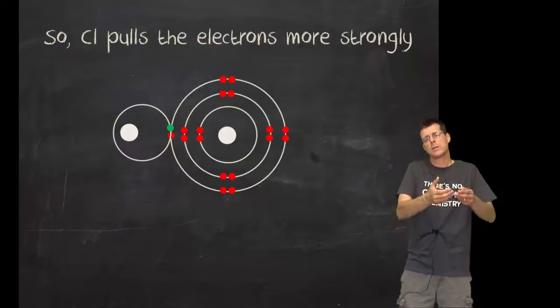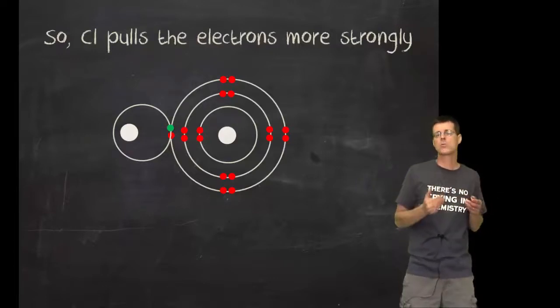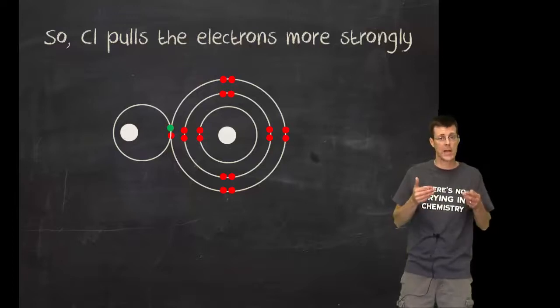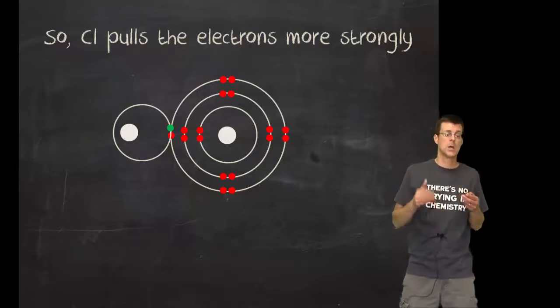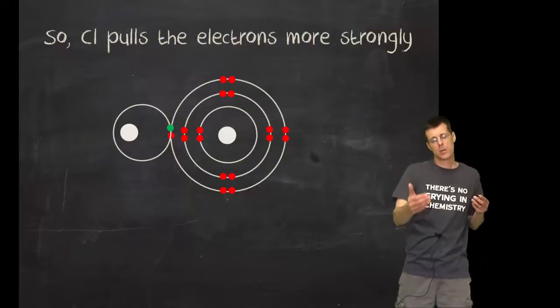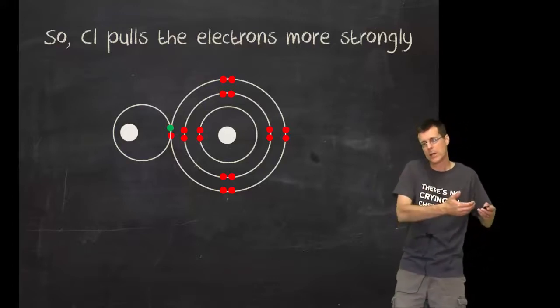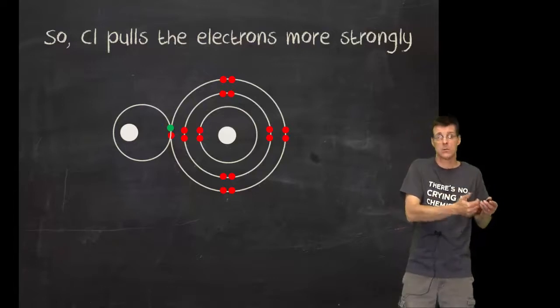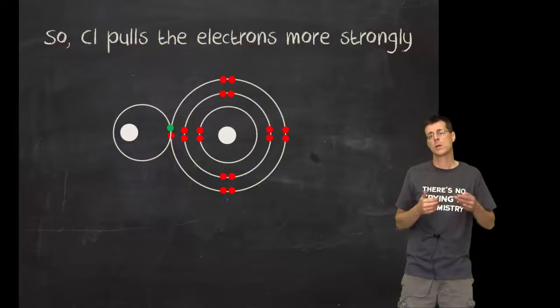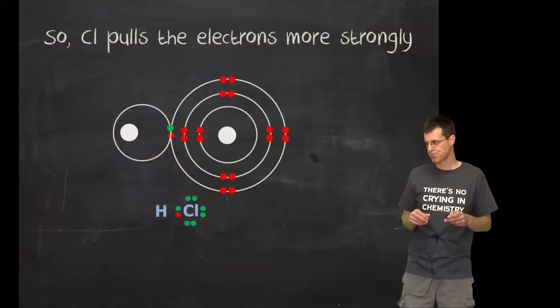The chlorine then pulls on that electron more strongly than hydrogen does. Remember, electronegativity is how strongly an atom pulls on electrons. So they're both pulling a bit, but chlorine is pulling a little bit more. So the electrons that are being shared are pulled closer to the chlorine and a little bit away from the hydrogen.